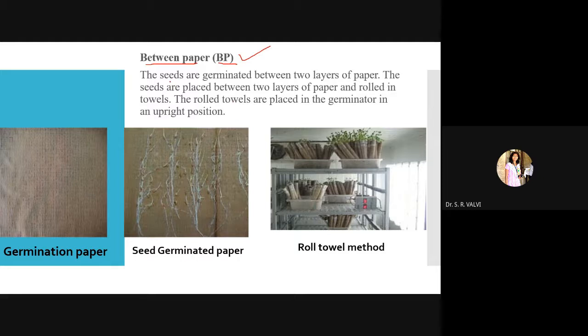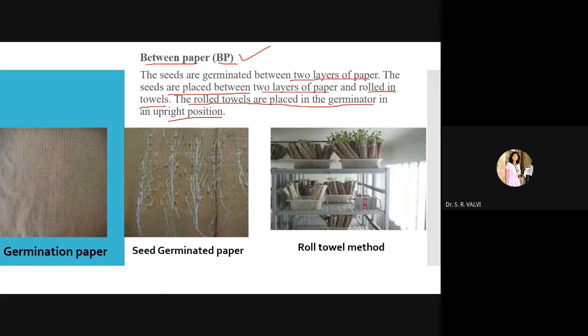The seeds are germinated between two layers of paper, placed between two layers and then rolled in towels. The rolled towels are then placed in the germinator in an upright position.